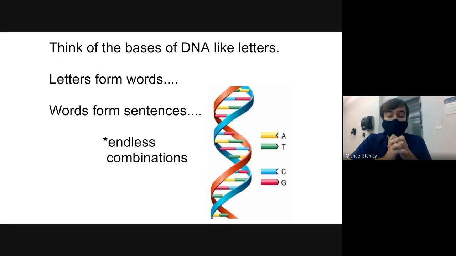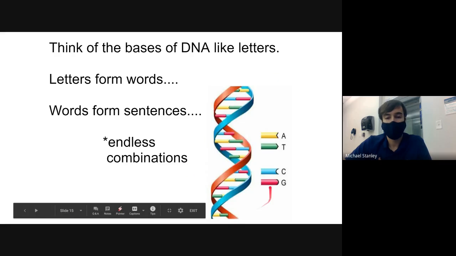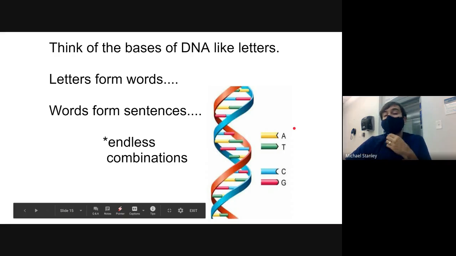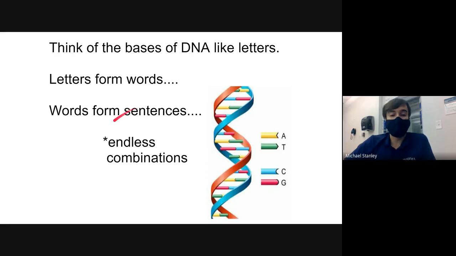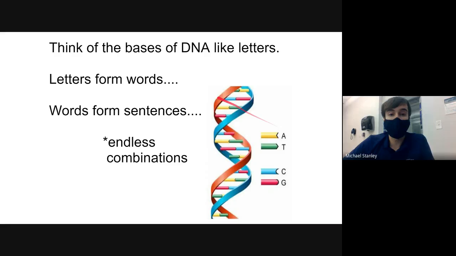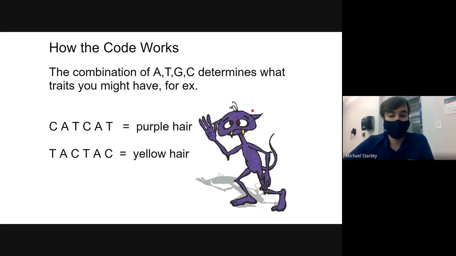So all these different species have the same type of DNA inside their cells, but they have completely different combinations of these bases. Again, there's millions of bases in the DNA of an organism. So we can get tons and tons of different combinations in order to create all of those different organisms that we see across planet Earth.